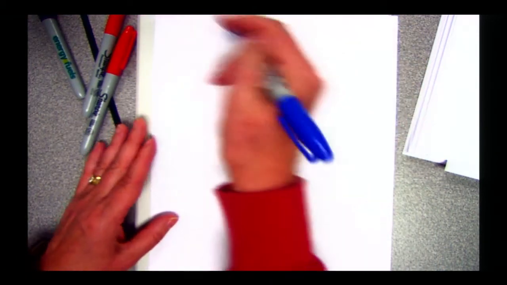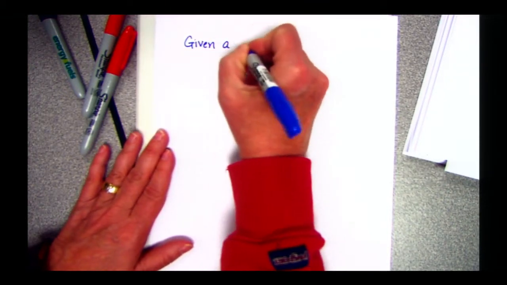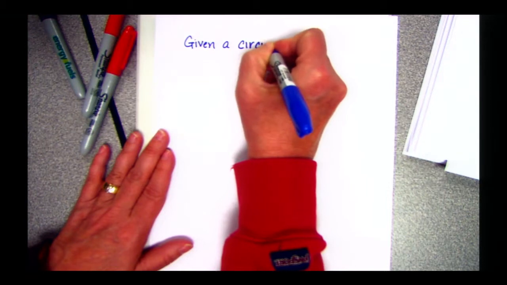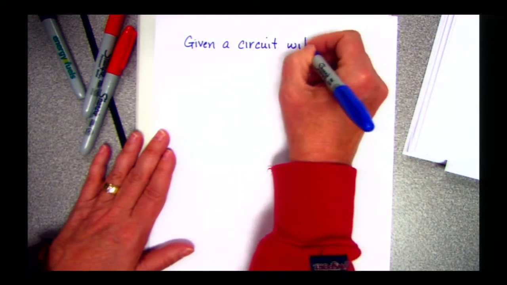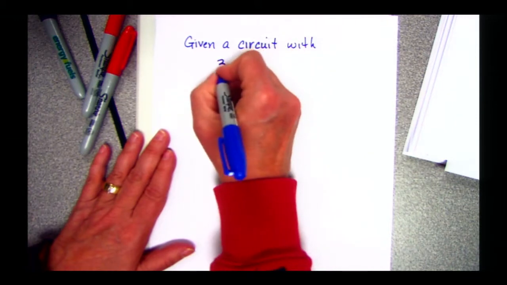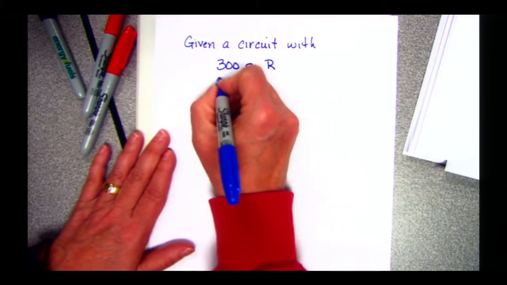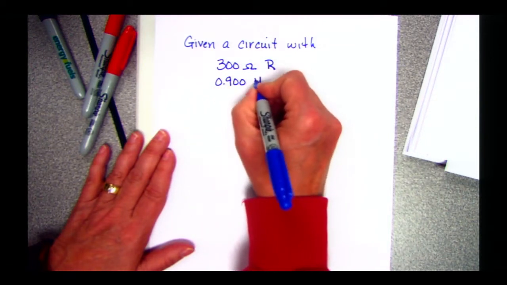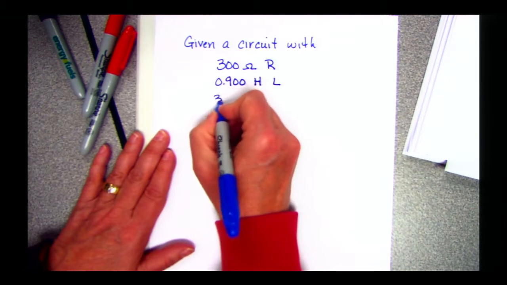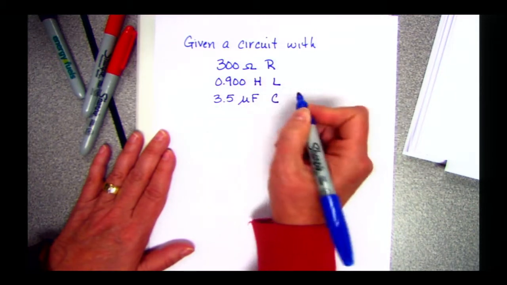All right. We're going to be given a circuit with a 300 ohm resistor, a 0.9 Henry inductor, and a 3.5 microfarad capacitor.